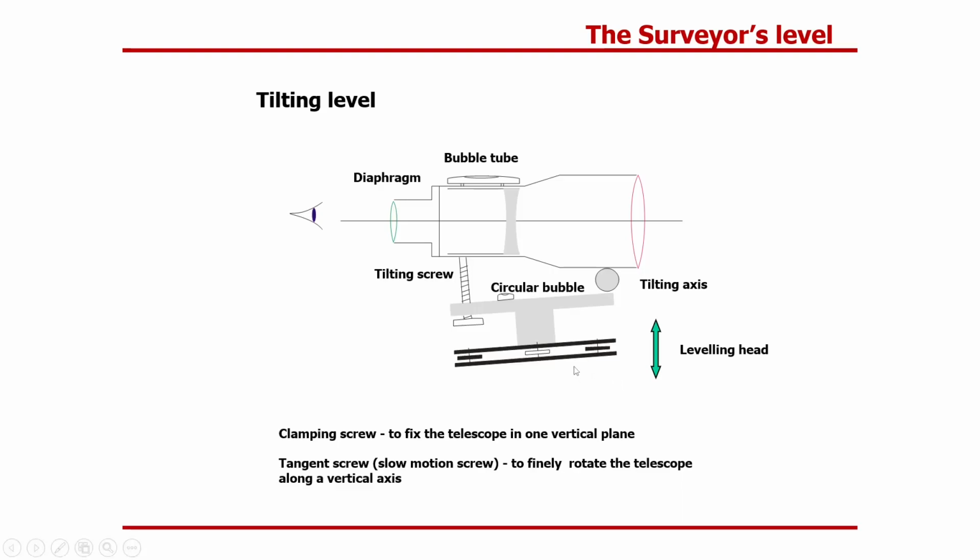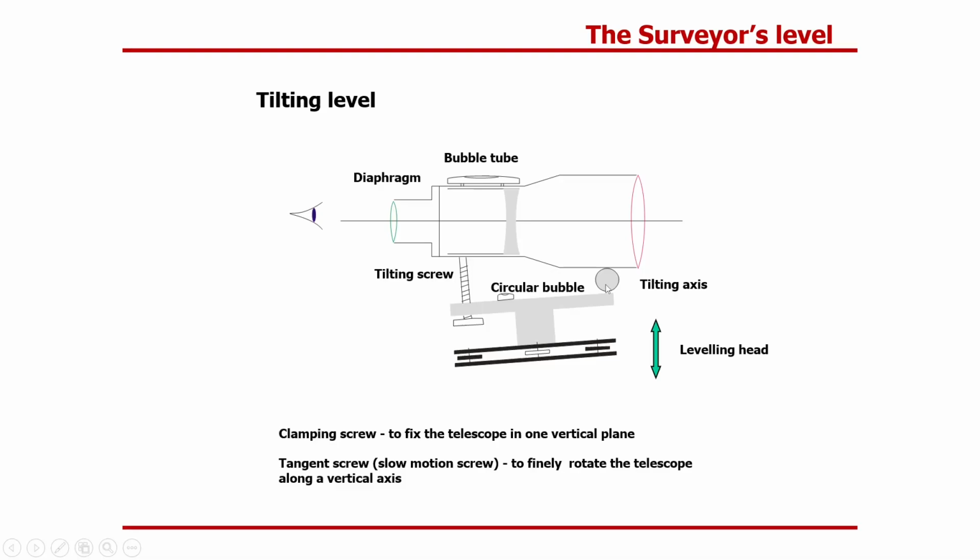Also we have a circular bubble. It helps us to stand the axis of rotation of the instrument in vertical position, and precisely we stand the line of sight with the tilting screw.